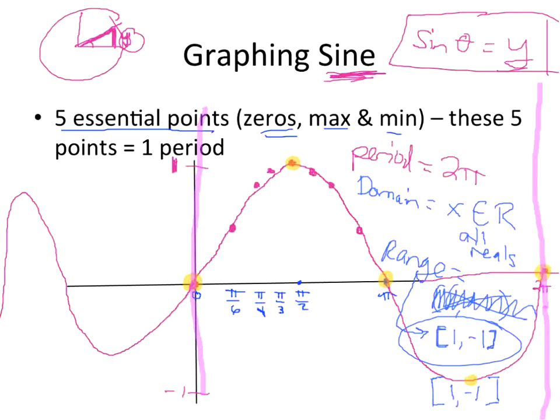When you use this bracket, this means it is included. Parenthesis means not included. So you have to use the bracket. Okay, sorry if I misspoke earlier. Have to use the bracket. Bracket means included.